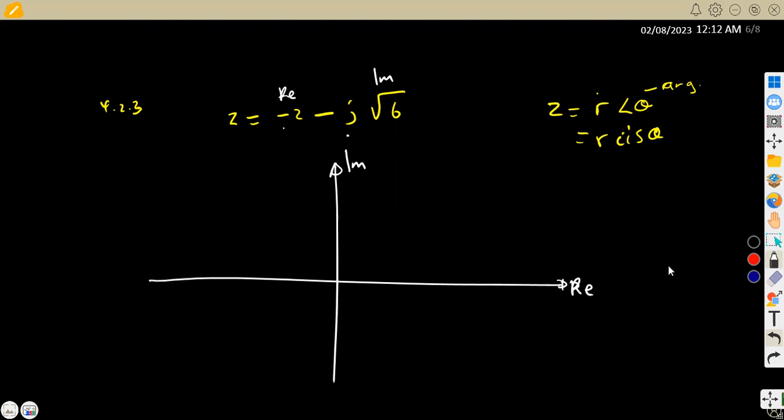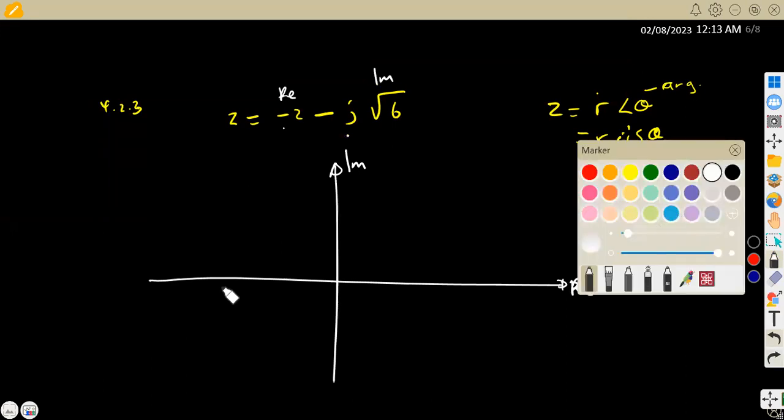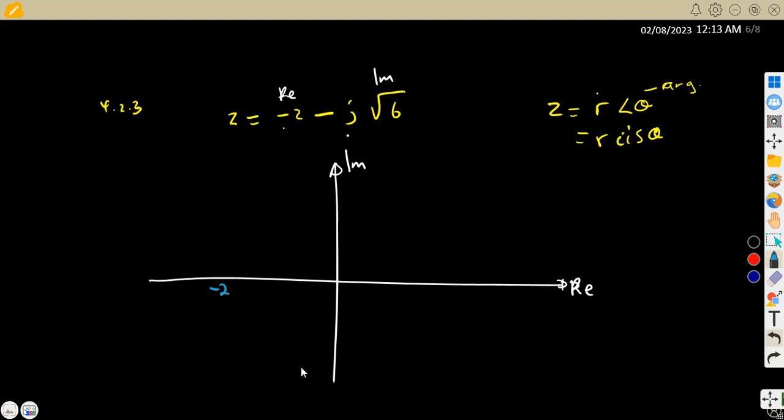So we are going to have our answer something like this, -2, then negative j square root of 6. So let's just write square root of 6, because for imaginary, we are already saying there is a j there. What is important is to know that this is where our minus square root of 6 is.